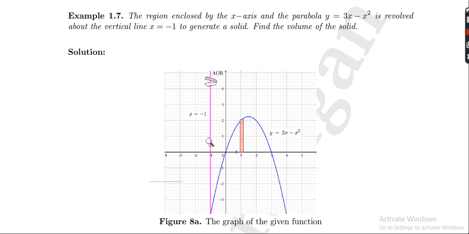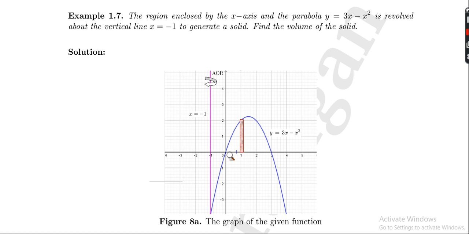Okay, so the difference of this method when it comes to the rectangular element is that in this method, our element must be perpendicular to the axis of revolution and must be attached. So it doesn't seem possible in this illustration.